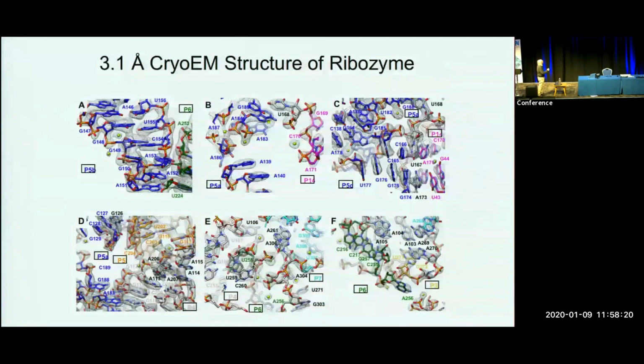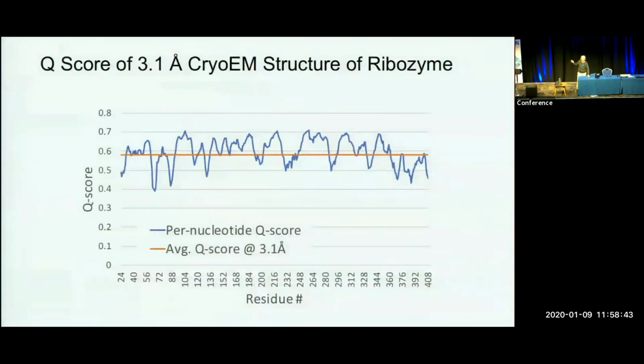We are able to get a 3 angstrom resolution, and we were able to resolve a number of these metals quite nicely. And again, how can we be sure? Because we measure not only the Q score, but also the distances between the metal and the density. I think the Q scores in this case are exactly what we expected.